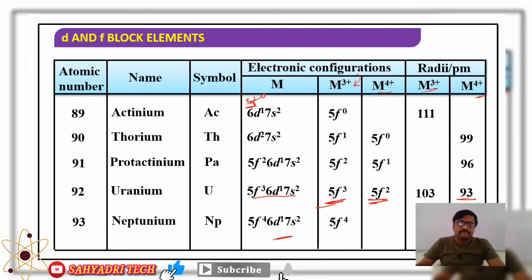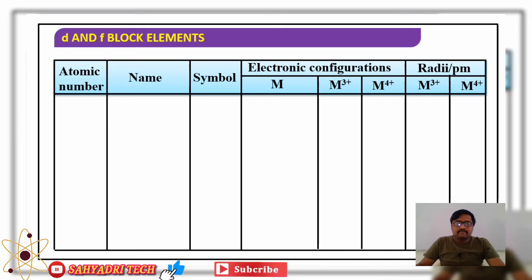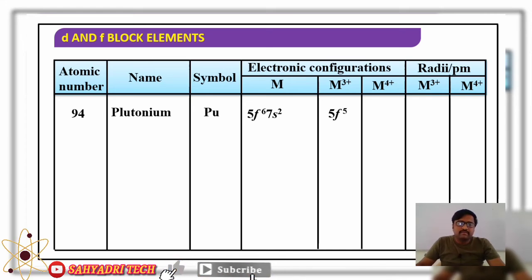In +3, 3 electrons are lost from 6d and 7s2, remaining 5f4. In +4 it is 5f3. Then coming to the next, 94, plutonium, Pu is the symbol: 5f6 7s2. One electron from 6d is transferred to 5f, so it becomes 5f6 6d0 7s2.